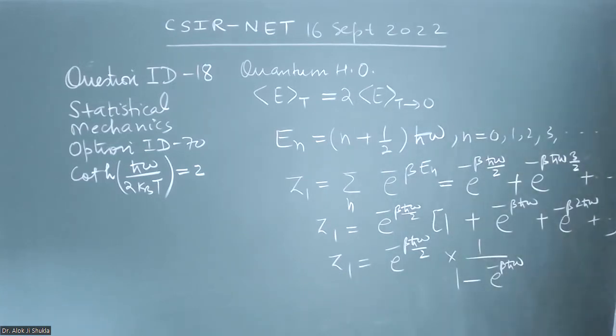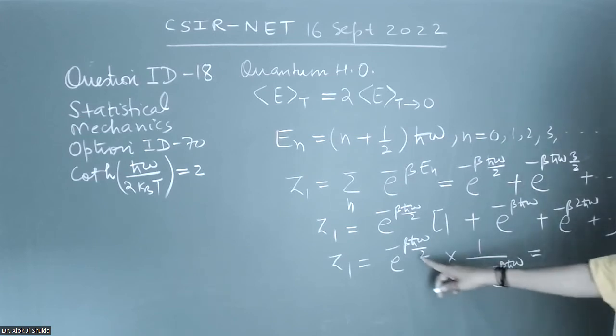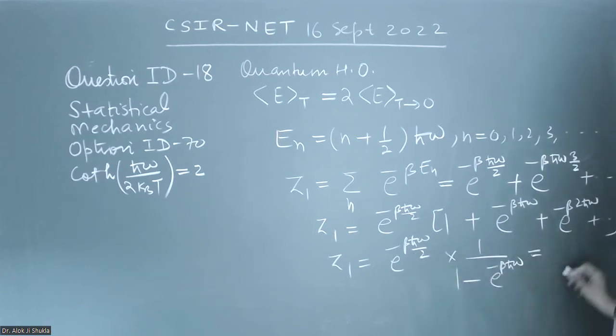Now we have to just multiply it by this, so it will come in the denominator and be multiplied by this positive quantity. It will become e to the power beta h cut omega by 2 minus e to the power minus beta h cut omega by 2.